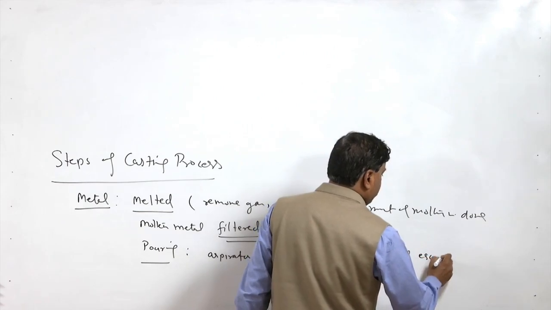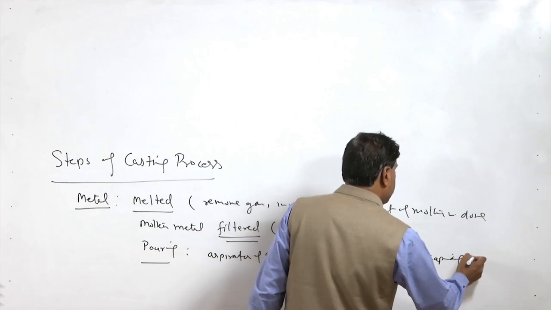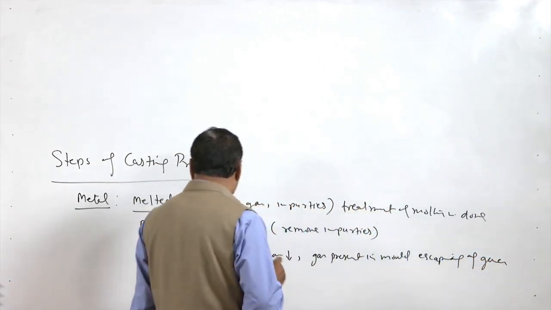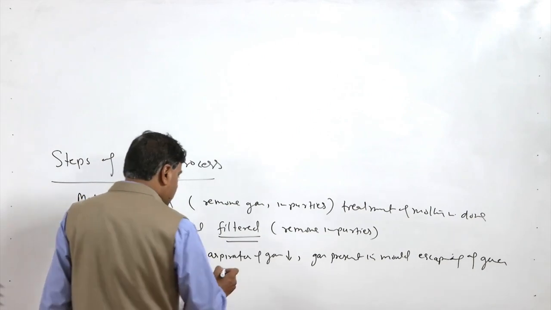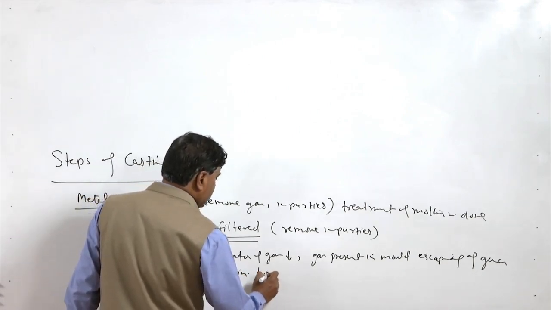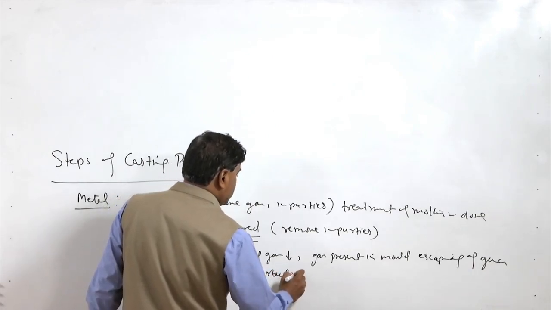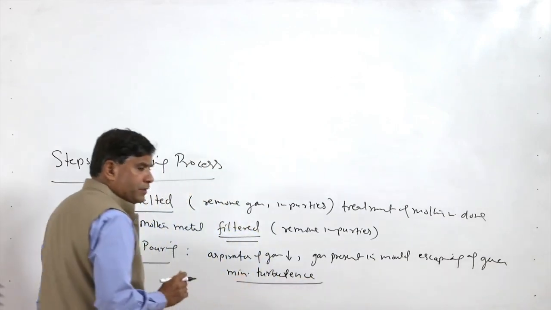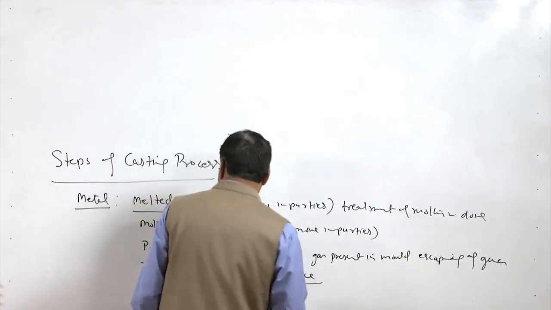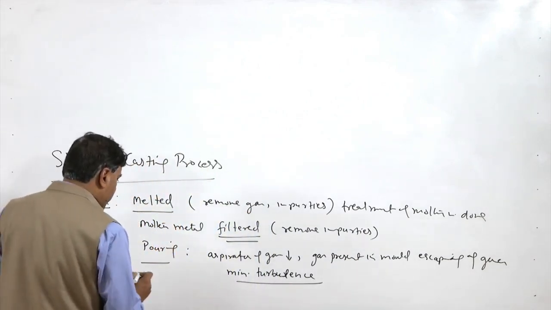So, escaping of the gases from the mold is important to avoid gaseous defects, and it happens with the minimum turbulence, so that erosion of the mold and interaction with the atmospheric gases is minimum. So, these are the things which are kept in mind while pouring.